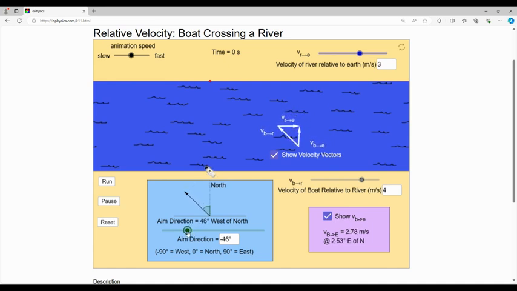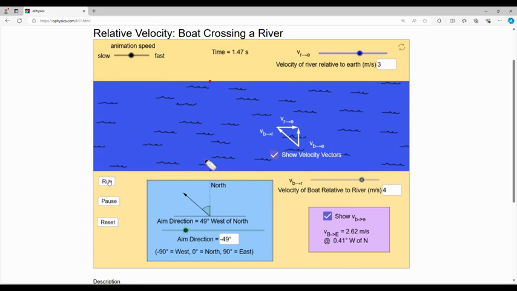So we have to keep going until we end up with a right angle triangle. When we have a right angle triangle, that's going to send us directly across the river. And you can see here is our nice right angle triangle. What's going on here is the x component of our heading is perfectly counteracting the current moving the other direction. So here we go, let's run that one.